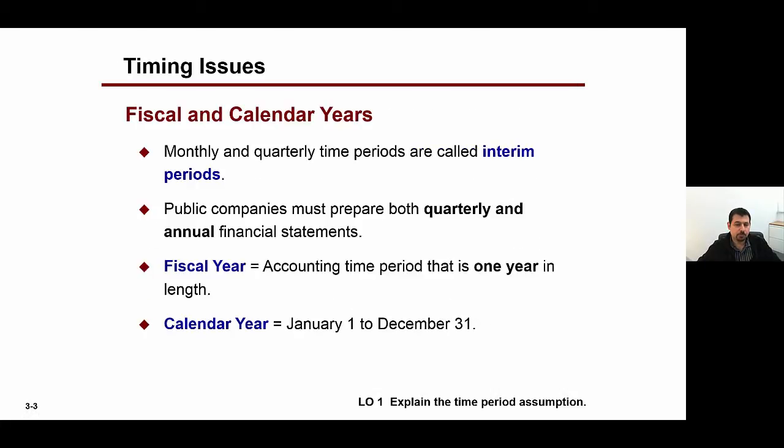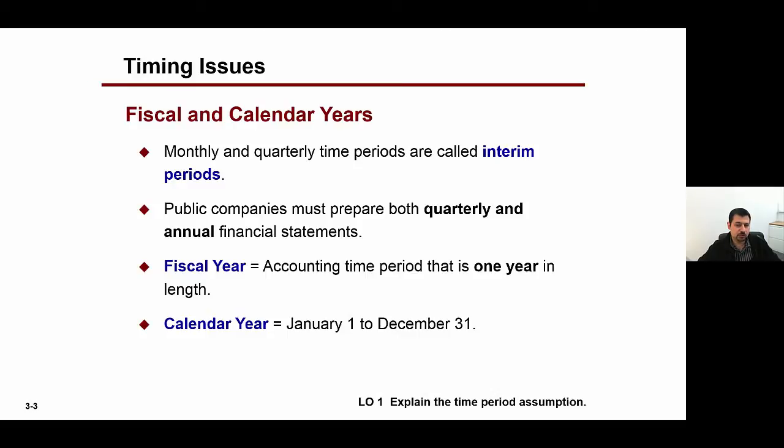Basically, we need to know what transactions are to be recorded for the month of April. Now, monthly and quarterly time periods are usually called interim periods. The annual time periods are the fiscal years. Now, a fiscal year doesn't always have to be exactly like the calendar year. For many companies it is. However, a lot of companies have different fiscal years.